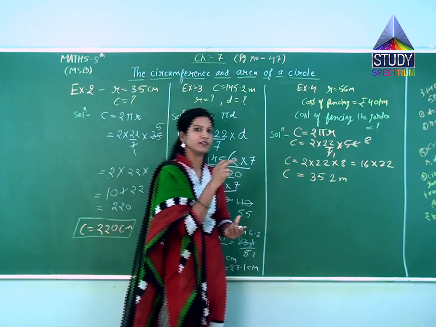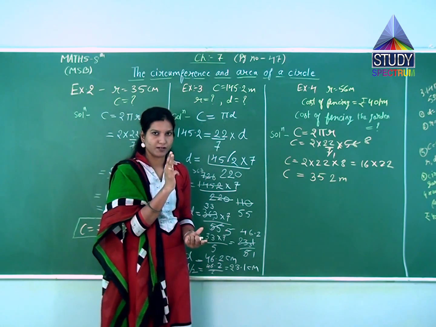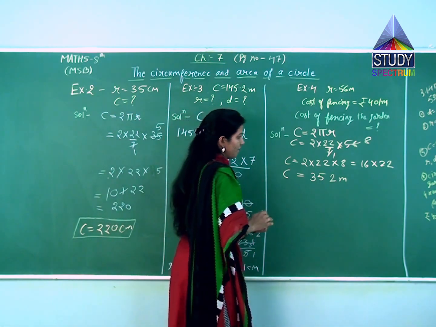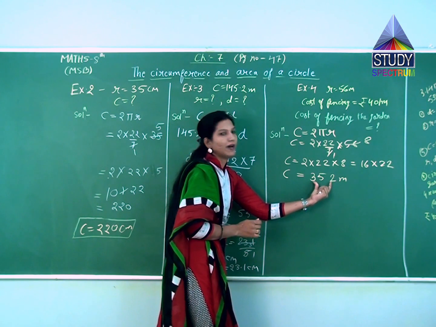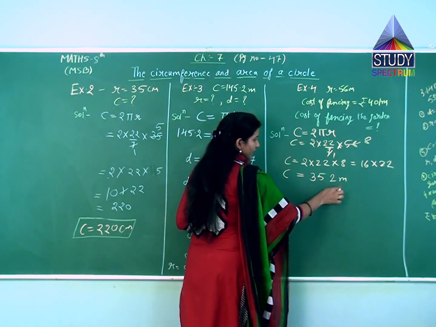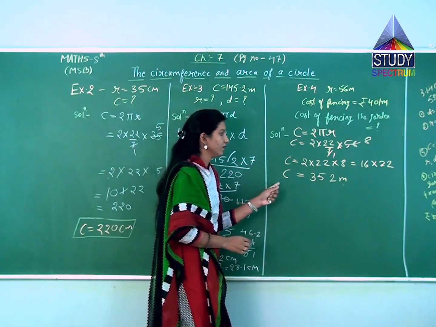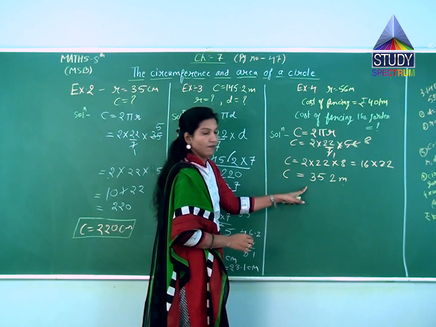In this question the fencing will be done in 4 rounds. So at first we will multiply this 352 by 4, because this is the circumference for only one round, but we have to fence 4 rounds.